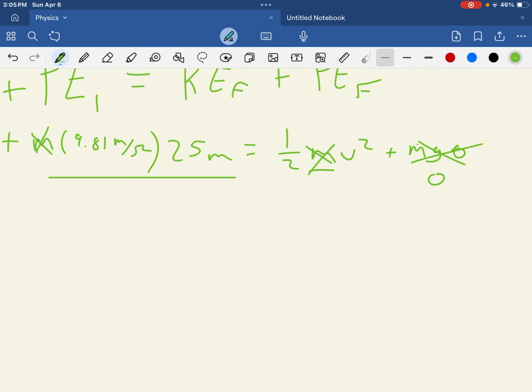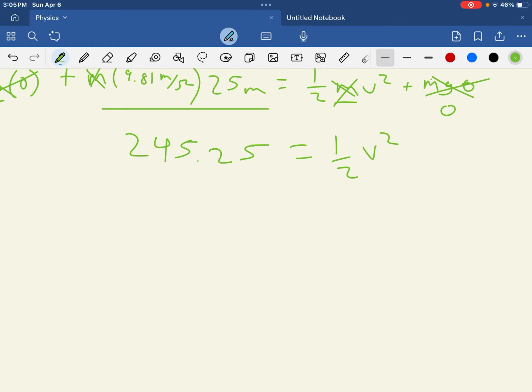So now I'm just going to type that into a calculator. We have 9.81 times 25. We get 245.25 equals 1/2 velocity squared. From here it's pretty easy.